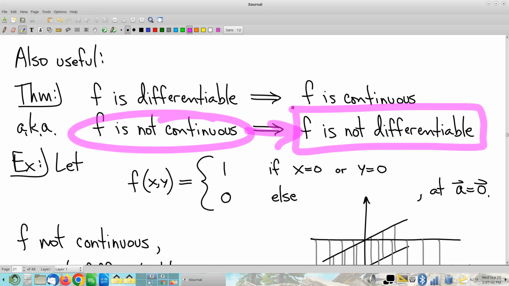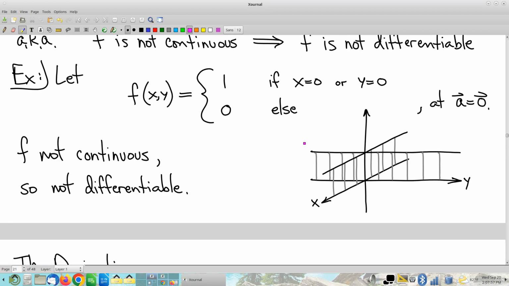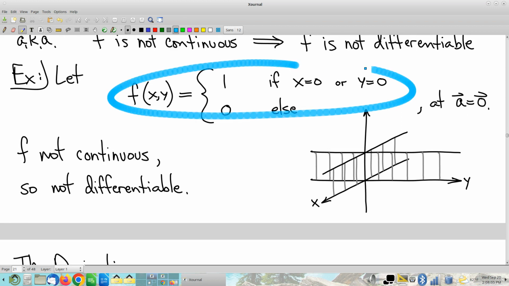So the contrapositive turns this into a test that allows me to decide, at least in some cases, on the question of differentiability. So, for example, this original weirdo function we were looking at, this oddball right here. This function, pretty clearly not continuous, right? Look at the graph.